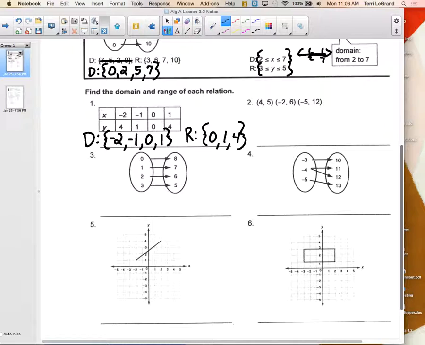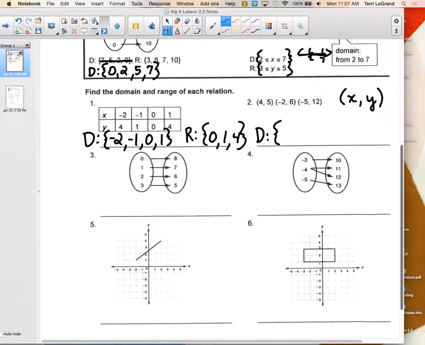Okay, you guys try number 2 now then on your own. Instead of giving them in a table, they're giving them as ordered pairs, and we know that ordered pairs are made up like this. So what would the domain be and what would the range be? Calvin, what's the domain? Least to greatest?